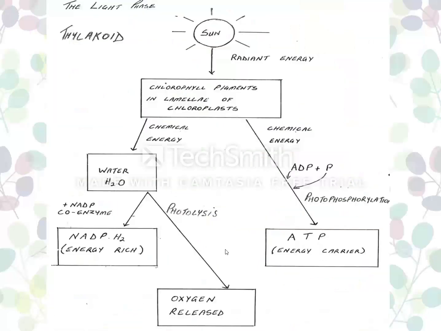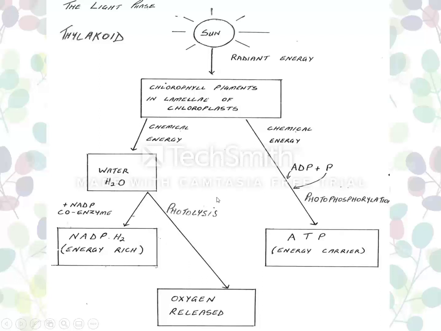This is just a repetition again. Radiant energy trapped by the chlorophyll. Radiant energy is used to split water. When it's used to split water, it splits water into hydrogen ions, which are carried by NADP, and it also splits water into oxygen. The oxygen is released into the atmosphere.